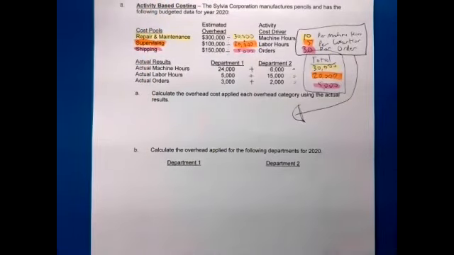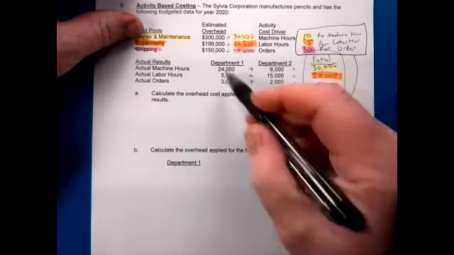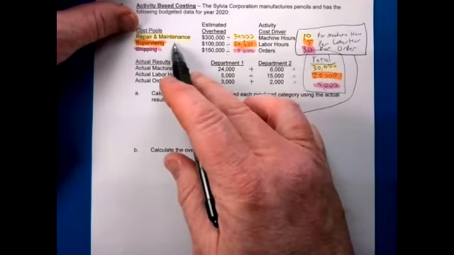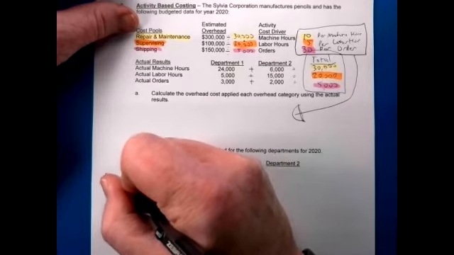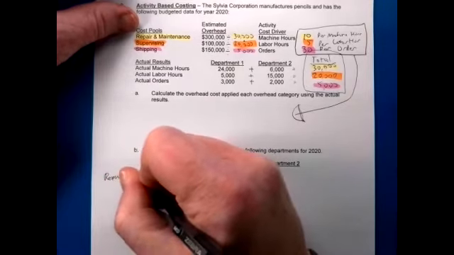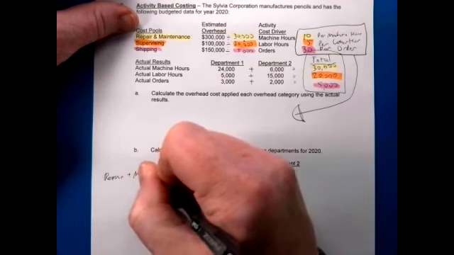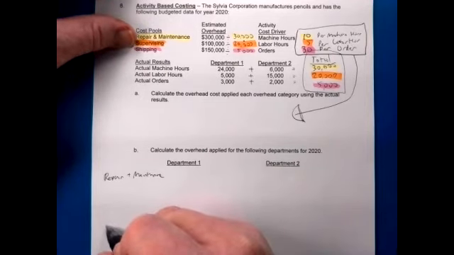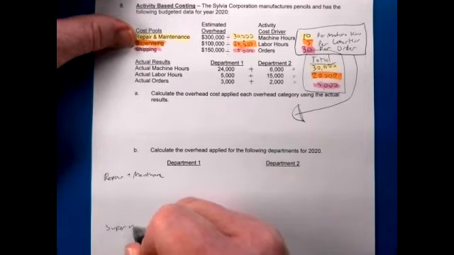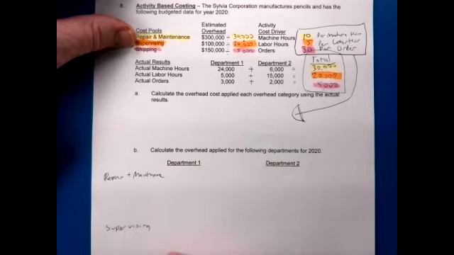Okay. Okay, so coming down here, we would have Department 1, Department 2. So we'd have repair and maintenance. Supervising. And shipping.